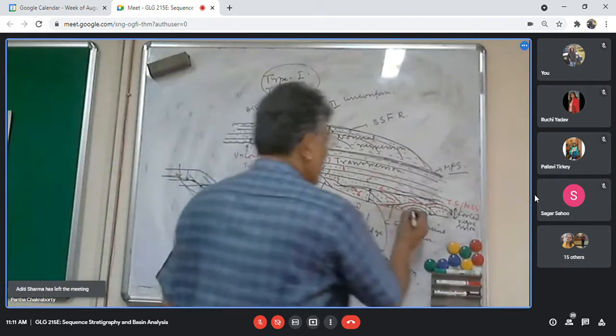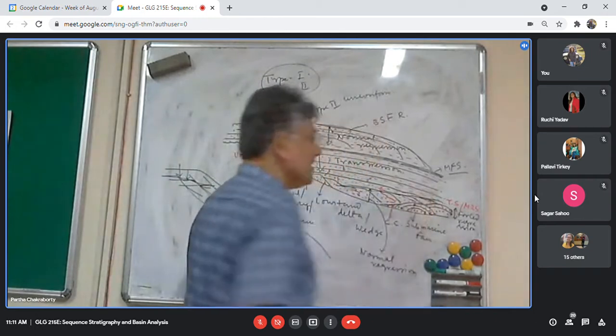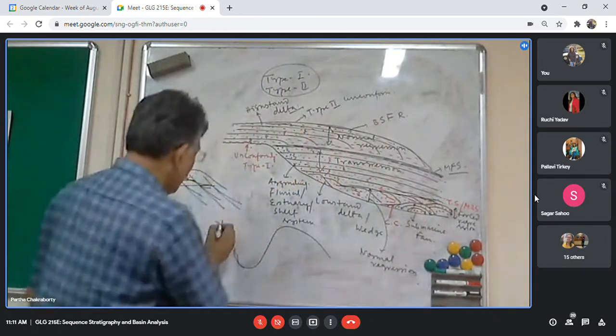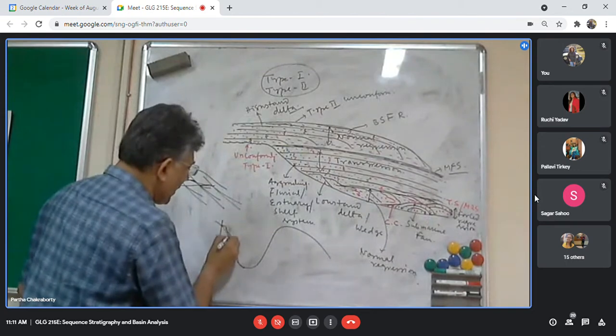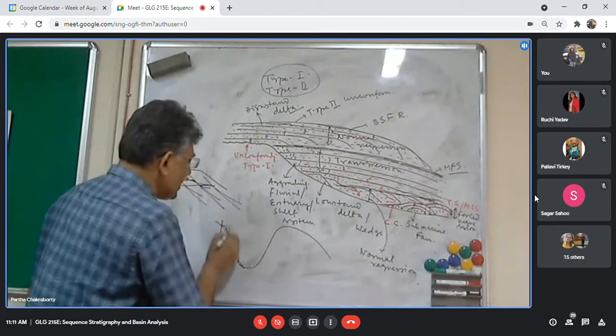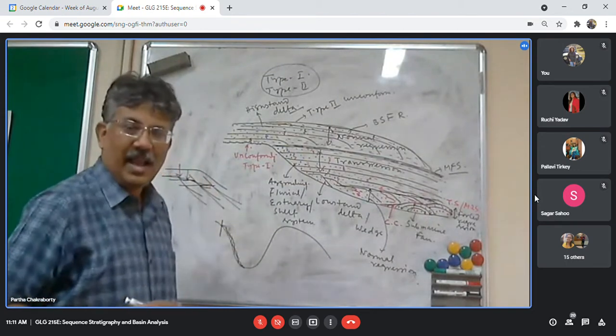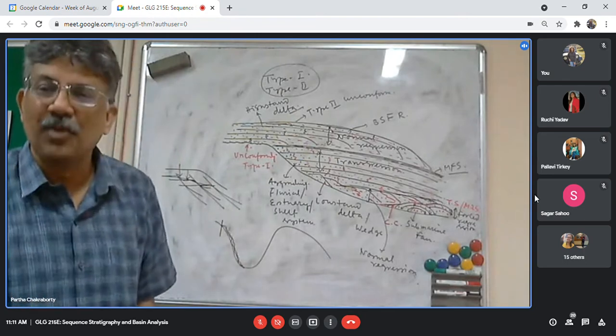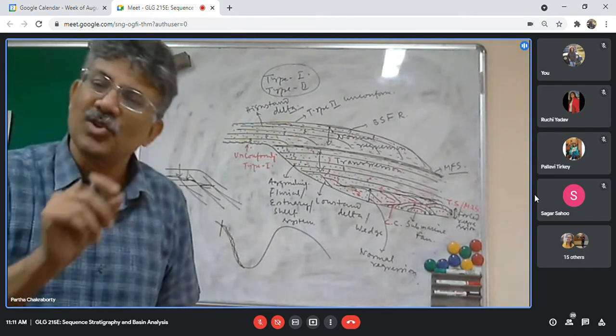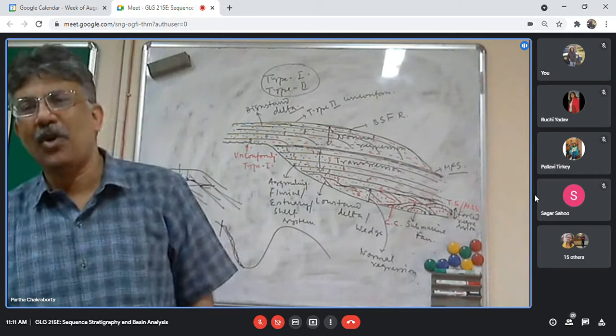As long as the base level is falling, the incision is going on and the submarine fan is forming.